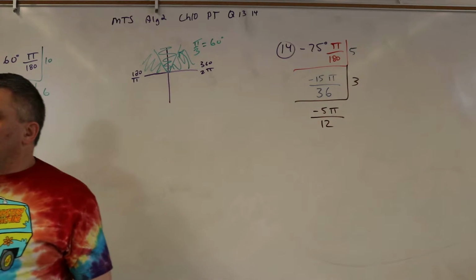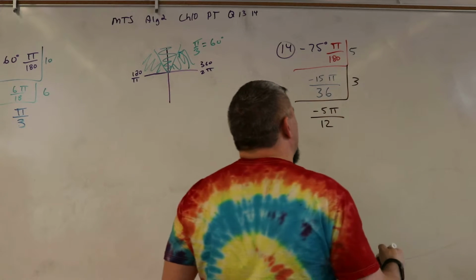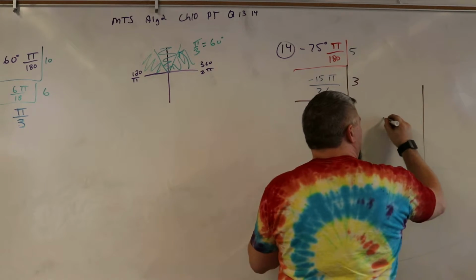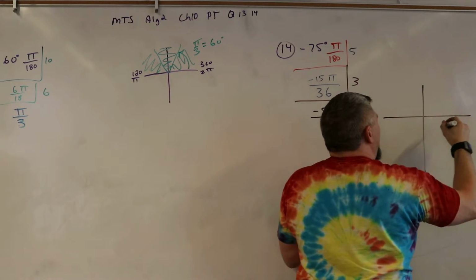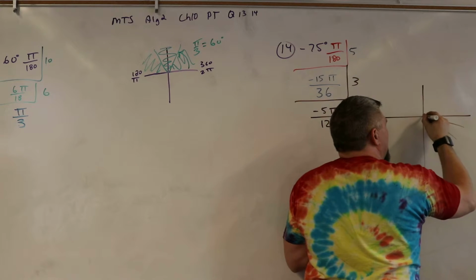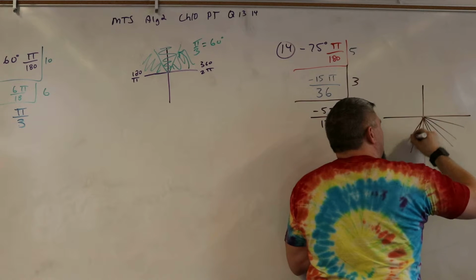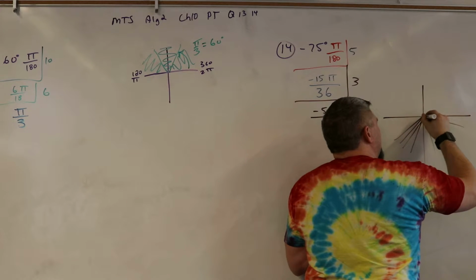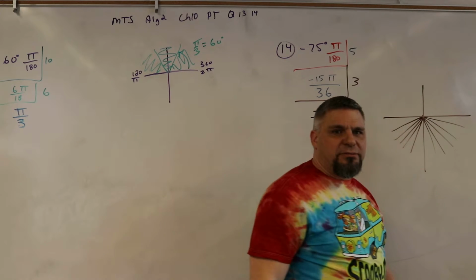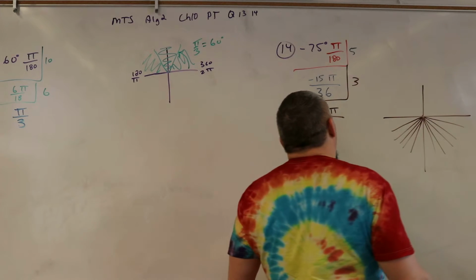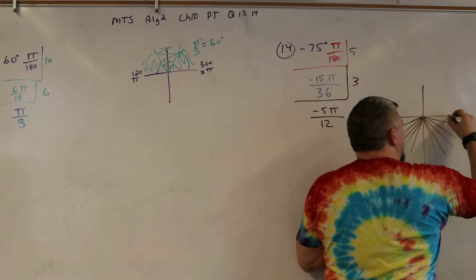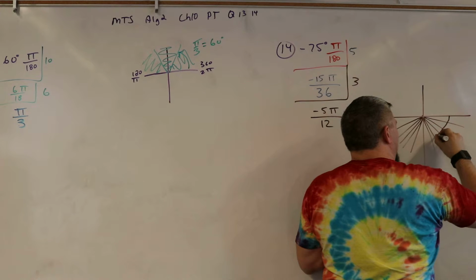So what they're doing there is they're saying, hey, we're going to break this up into 12 pieces. That means 1, 2, 3, 4, 5, 6, 7, 8, 9, 10, 11, 12. Looks like a pain. It is. And then we're going to go down 5 pieces. 1, 2, 3, 4, 5.